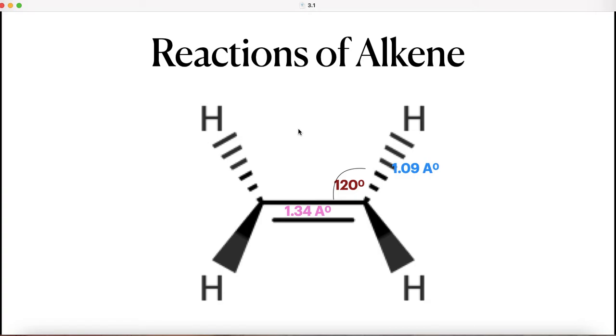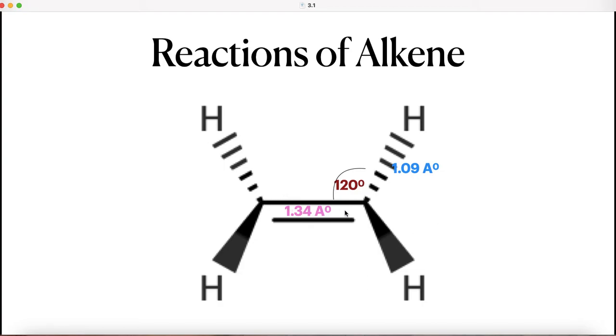Let us discuss the reaction of alkenes. As we know, in the carbon-carbon double bond, one bond is the strong, stable sigma bond and the other is the weak pi bond. The sigma bond is formed by the sharing of the electron of this carbon with the electron of this carbon.